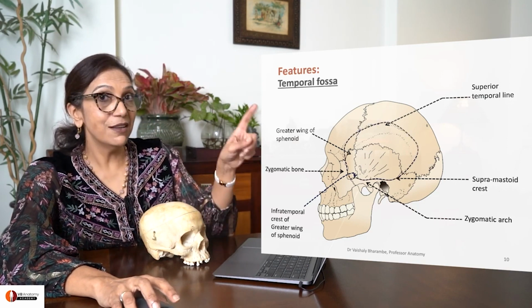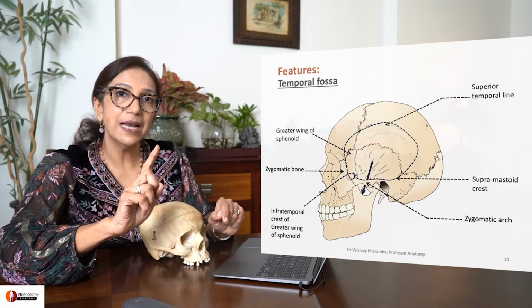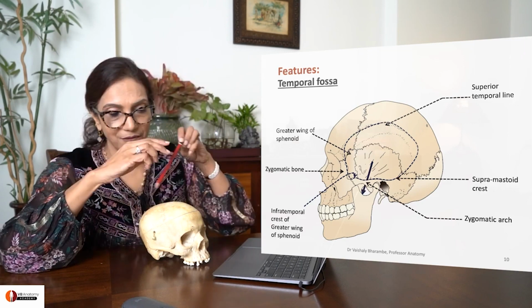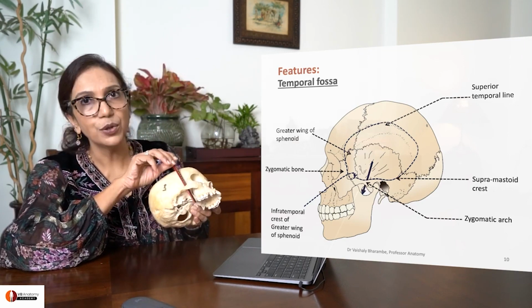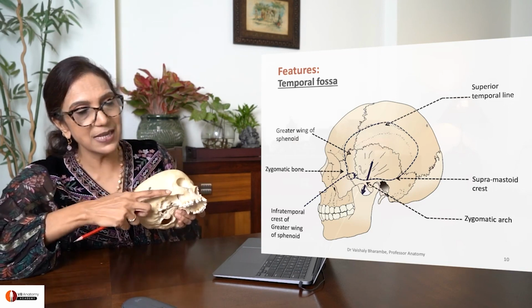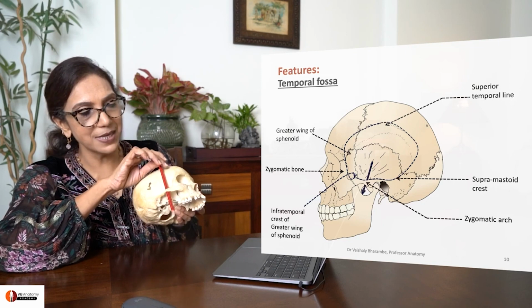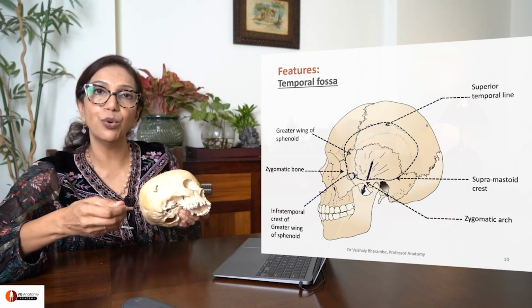The dotted line is giving you the temporal fossa. Understand that this temporal fossa communicates inferiorly with the infratemporal fossa by passing deep to the zygomatic arch. Can you see the zygomatic arch here? It communicates through a space deep to the zygomatic arch with the infratemporal region over here.